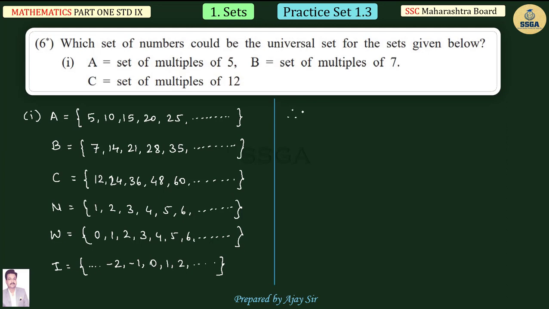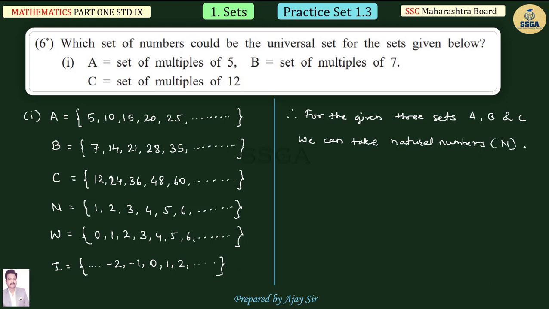So therefore, the answer we can write: for the given three sets A, B and C, we can take natural numbers, that is N, or whole numbers, that is W, or integers, means I, as a universal set. So this is the answer, student, for the first question.